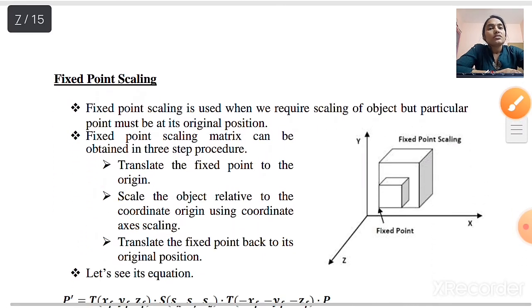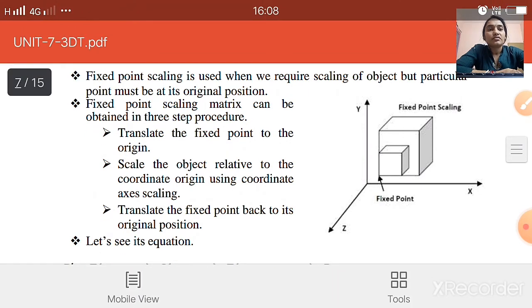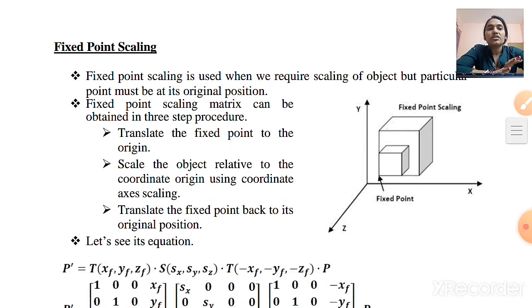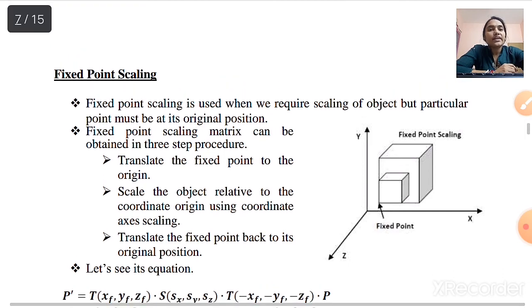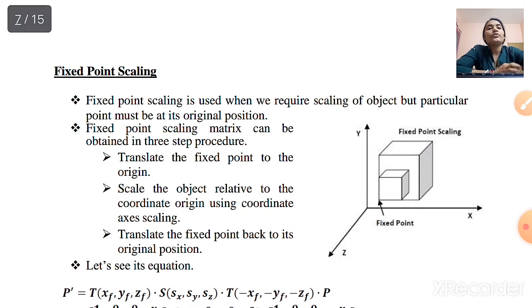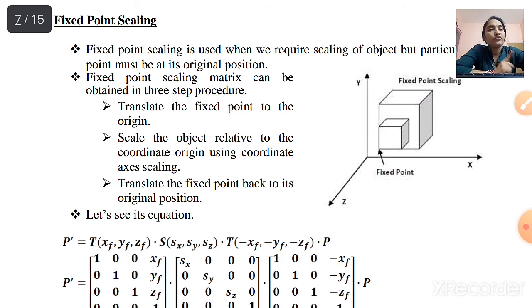Now scaling with a fixed point: we can enlarge the object but in the same location. Fixed point scaling is used when we require scaling of an object but a particular point must stay at its original location. The fixed point scaling matrix can be obtained in a 3-step procedure. First, translate the fixed point to the origin.